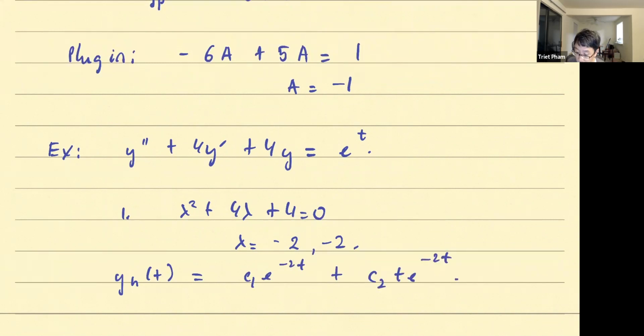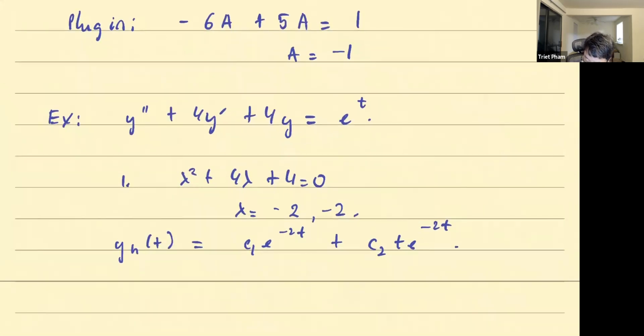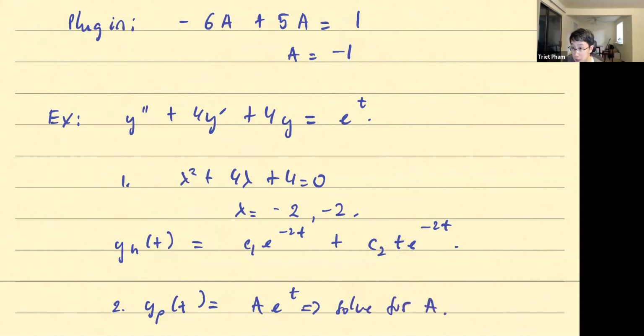And so your yp is a e to a t. I hope that's not shocking to anyone. A e to a t, that's fine. And then you solve for a. I'll skip that. That's easy.